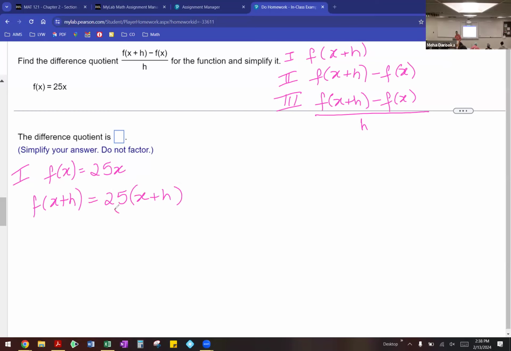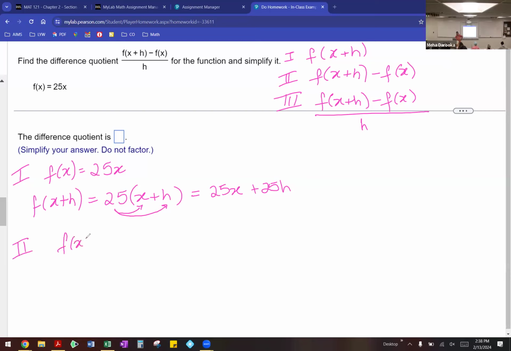As you can see, it literally means you're just going to distribute that 25 inside the parentheses, right? Which will end up giving us 25 times x plus 25 times h. Okay so far?